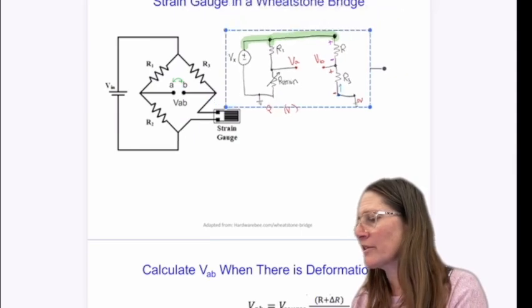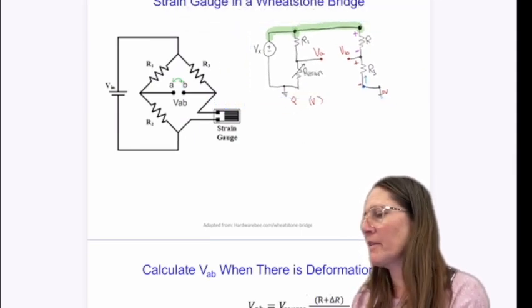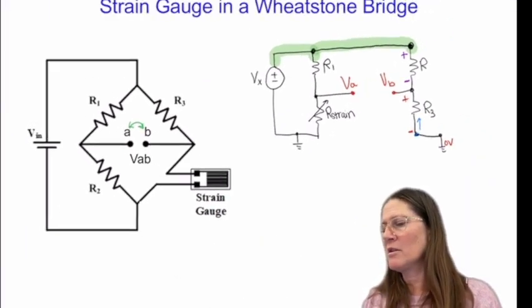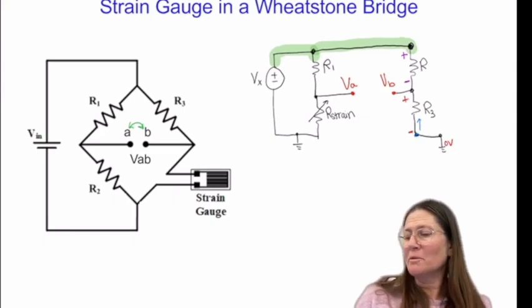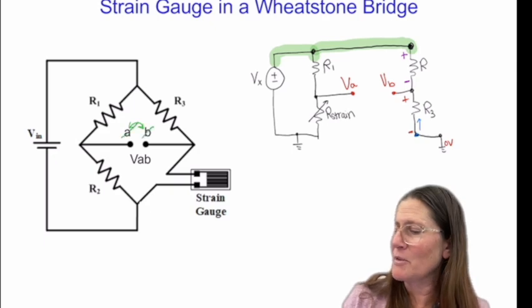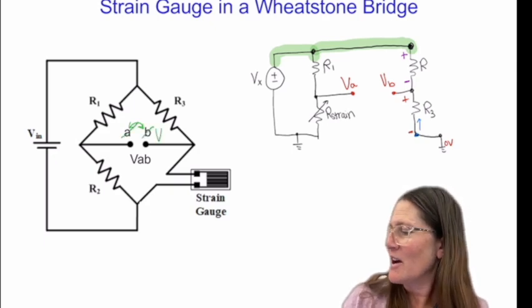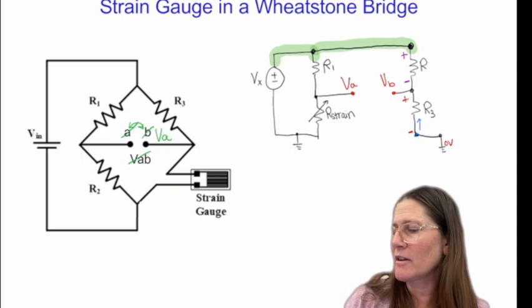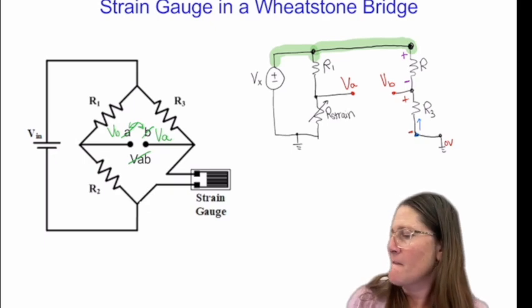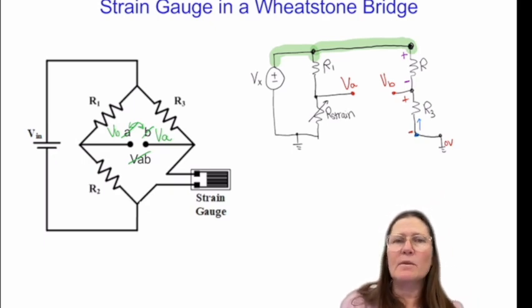Note that this is the same circuit, it's just drawn differently. I called my VA the other side, so I'm going to swap these here. I called this one VA and this one VB. But those are the same circuit.